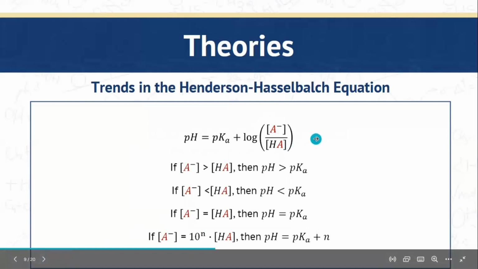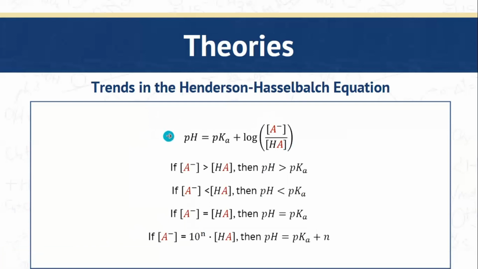So, what can we observe from the Henderson-Hasselbalch equation? pH is equal to the pKa plus the log of the concentration of the conjugate base divided by the acid. Notice, if the conjugate base is greater than the acid component, then the log term here will be positive. Then in this case, the resulting pH value will be greater than the pKa value.